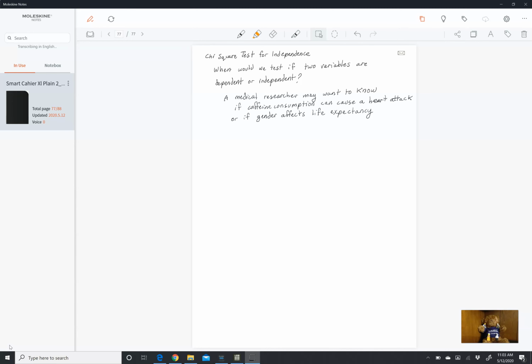Okay, when might we want to know when two variables are related? So we can use a chi-square test to test for this independence or dependence, okay?